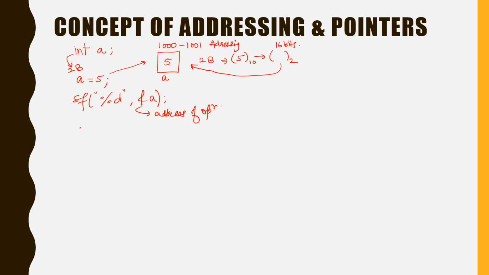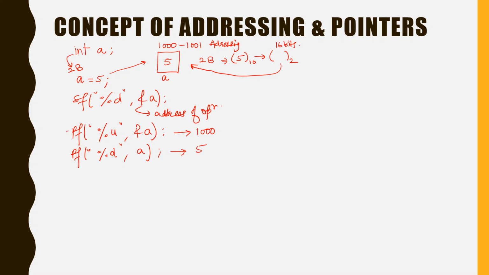If I want to print the address of a variable, I will use an unsigned integer and print ampersand a, and in this example it would print 1000. If you want to print the value of a, you will use percent d and directly use a, and it will print 5.